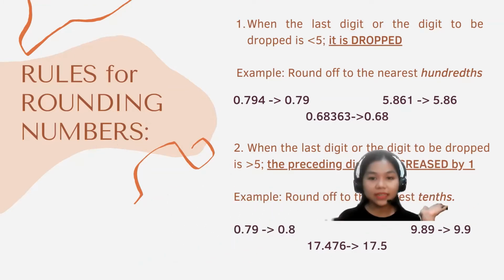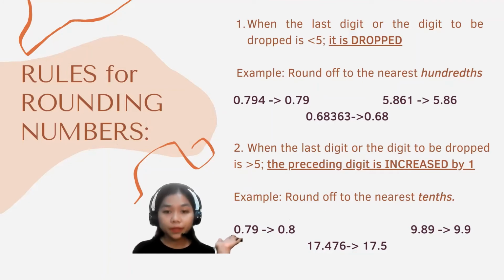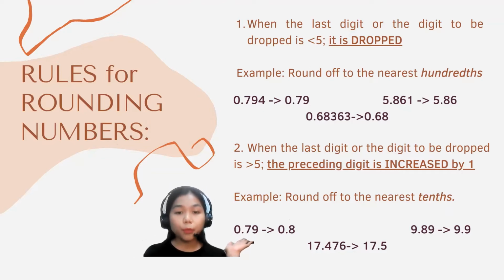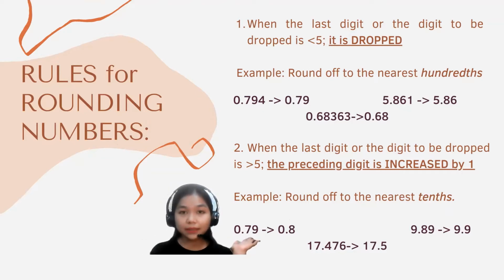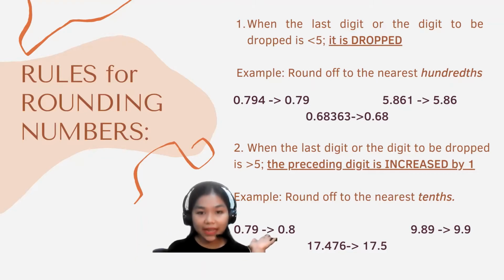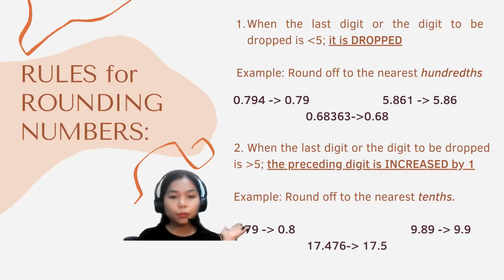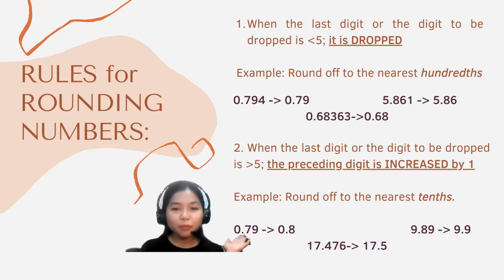So going back to this value, 0.79, to the nearest tenths. Let's try to identify first the place value. 0 is, yes, ones. 0.7 is tenths. And 0.09 is hundredths. Ma'am, why do you mention 0.09?